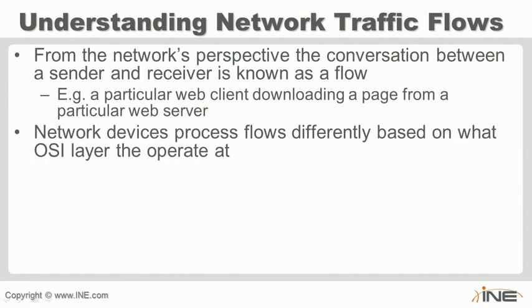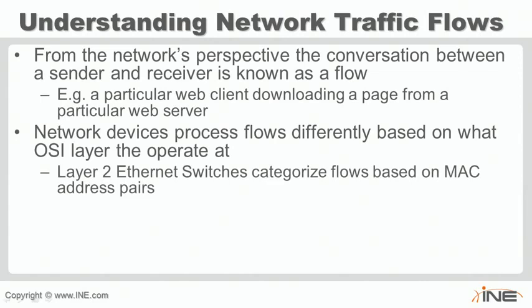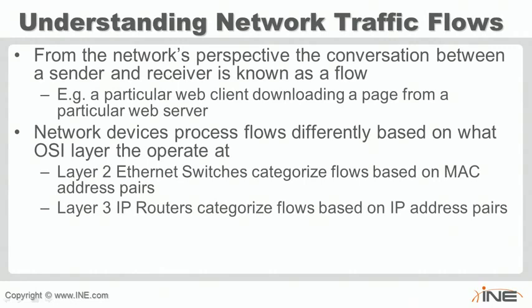A layer 2 Ethernet switch is going to categorize flows based on layer 2 MAC addresses, essentially the hardware addresses of the sender and the receiver. A layer 3 IP router may categorize the flows based on IP version 4 addresses, or IP version 6 addresses.